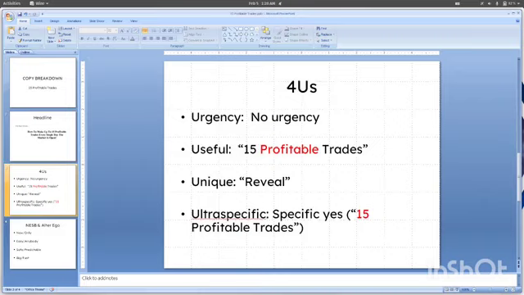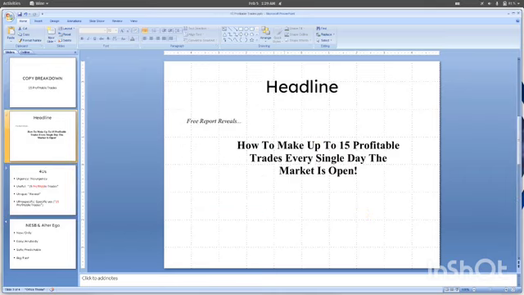All right. So, ultra specific. I can't say 15 is ultra specific. I don't know. It's impossible to break it down further, so we can say it is specific. Yes, 15 profitable trades. It's showing the reader that he stands the chance of gaining 15 profitable trades every single day the market is open.